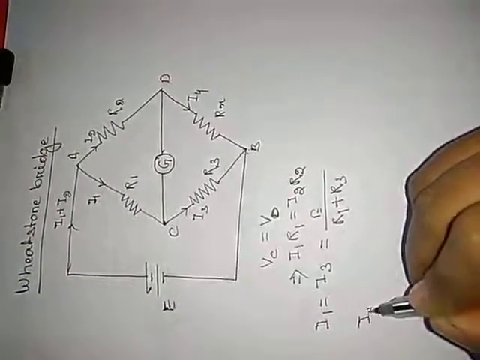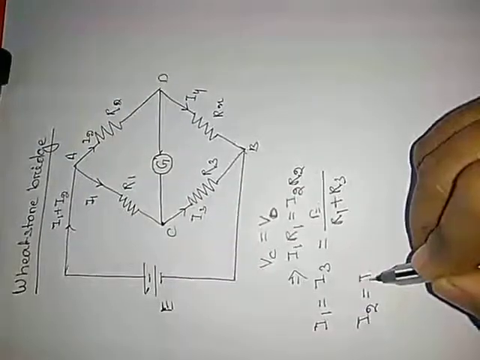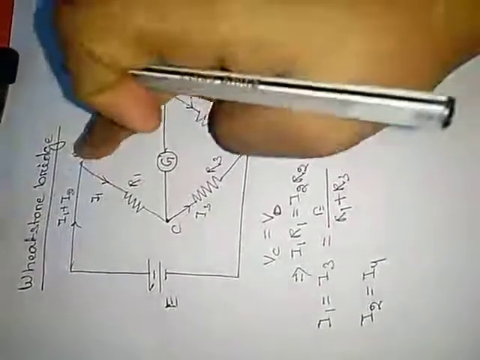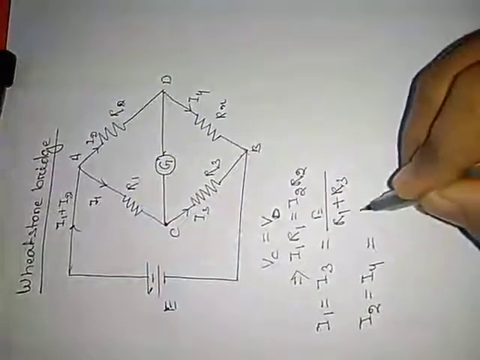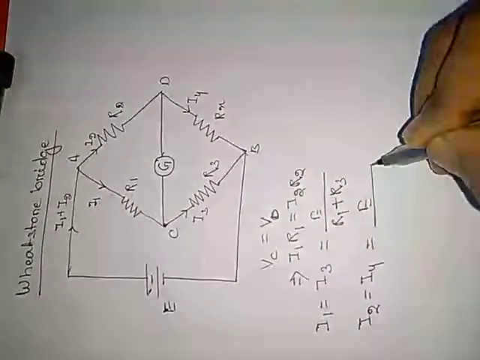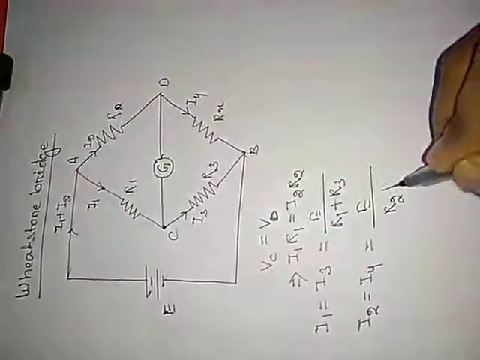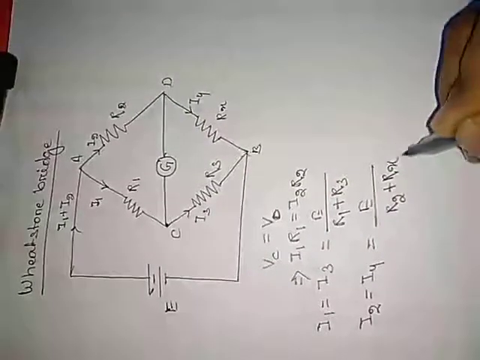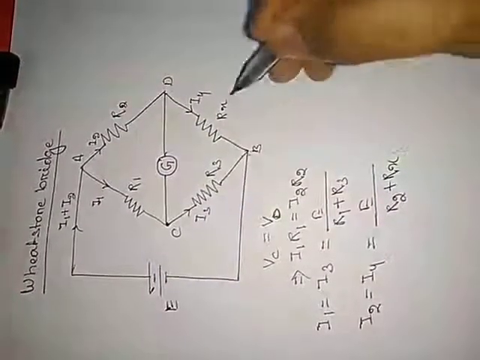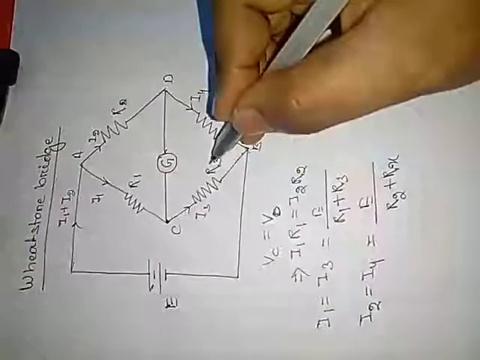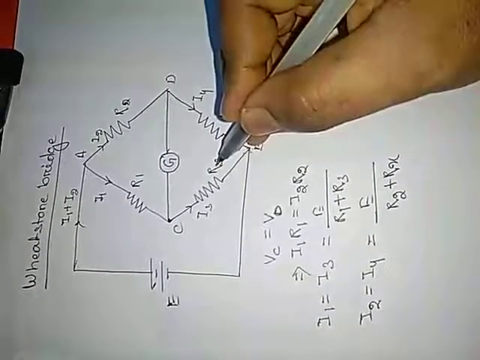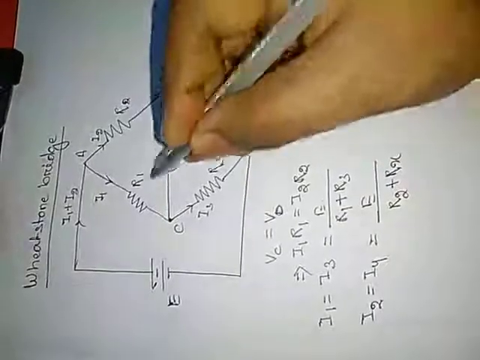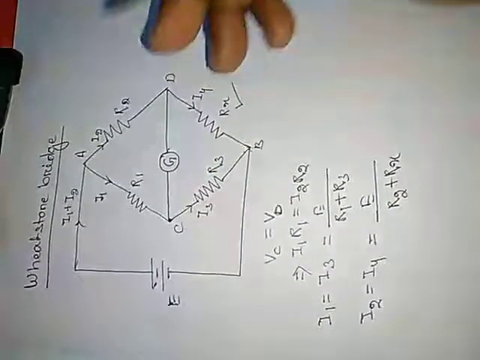Similarly, I2 is equal to I4 on this path, where the potential difference is E and the total resistance is R2 plus Rx. Rx is the unknown resistance. R3 is called the standard resistance. R1 and R2 are called the ratio arm resistances.